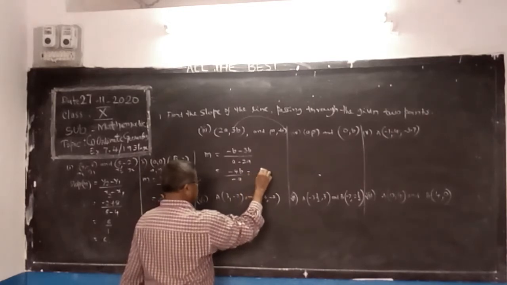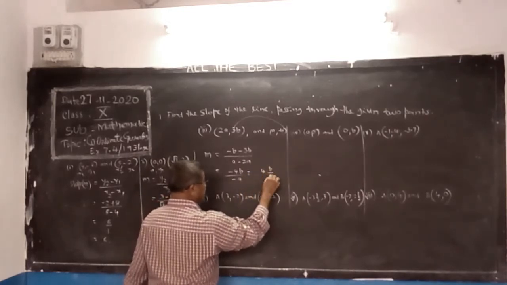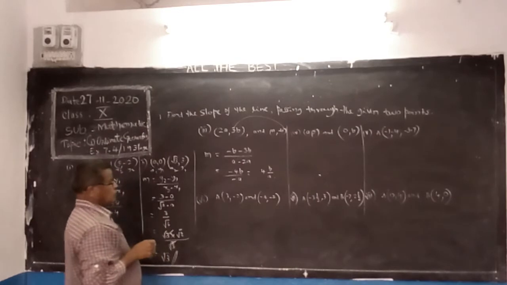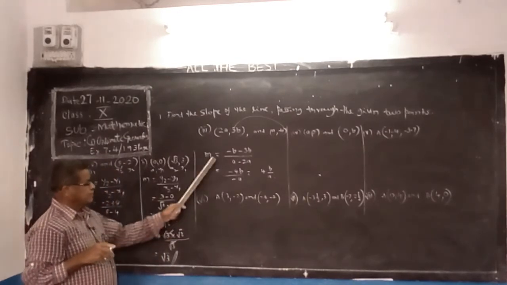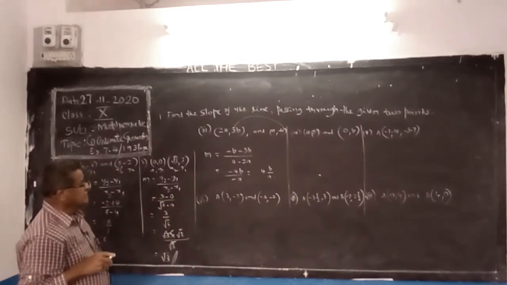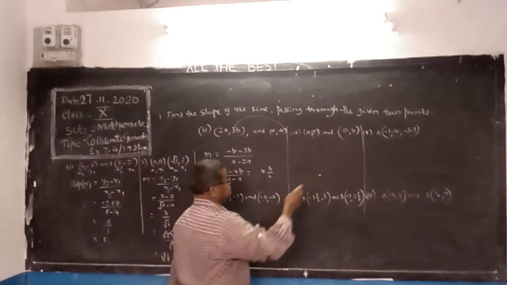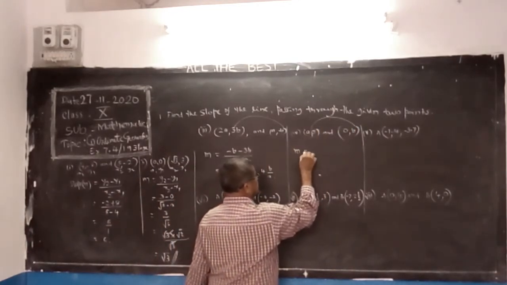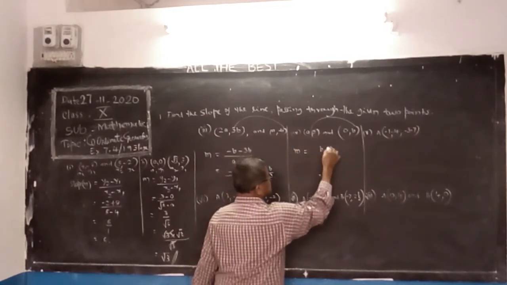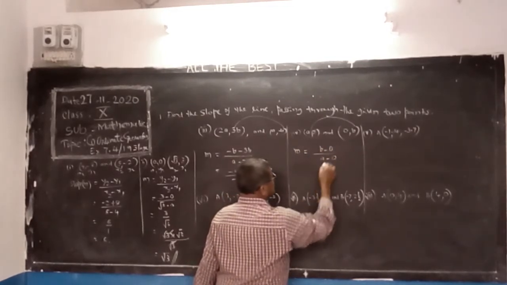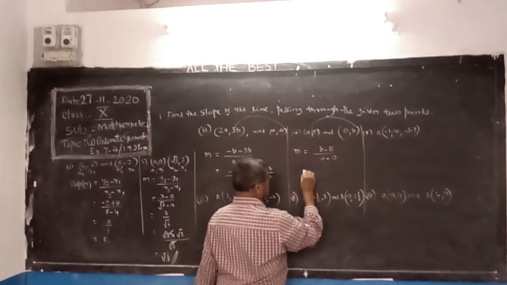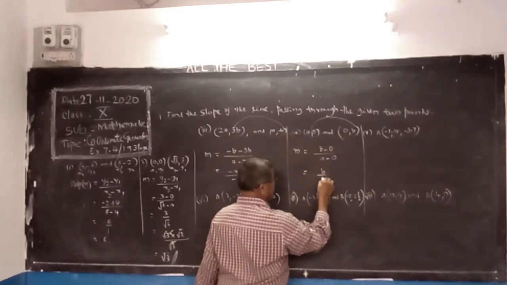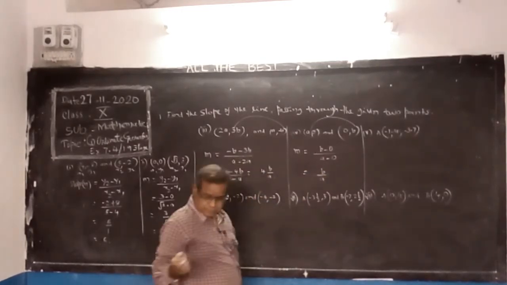So we get 4b by a, minus minus becomes plus. Next, slope m is equal to y2 minus y1, b minus 0 by a minus 0. Now this is b by a. That's all.